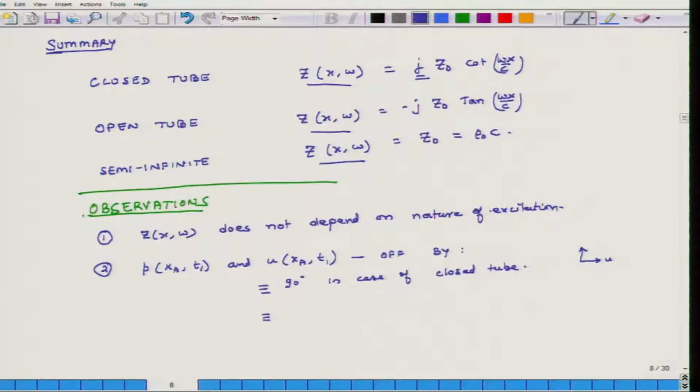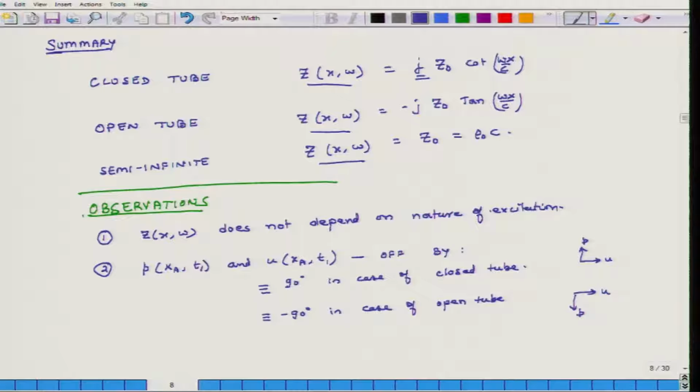Then they are off by negative 90 degrees in case of open tubes. So, if u is at 0 degrees, these arrows do not depict the direction of u, they depict the phase. Okay. So, u is at 0 degrees, then pressure will be at minus 90 degrees. Okay. So, if u is at 10 degrees, then pressure will be at 100 degrees, and so on and so forth.